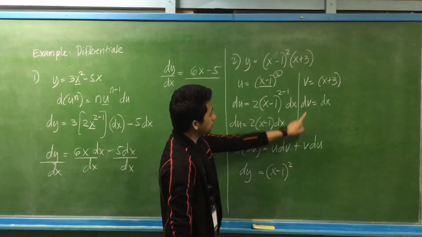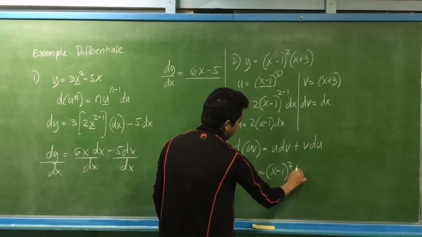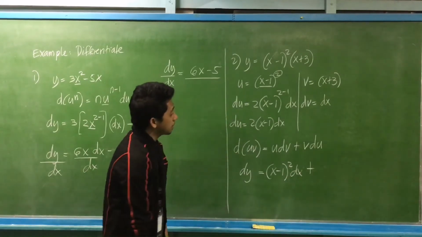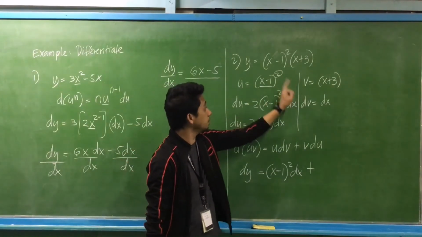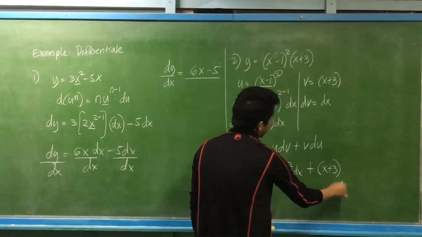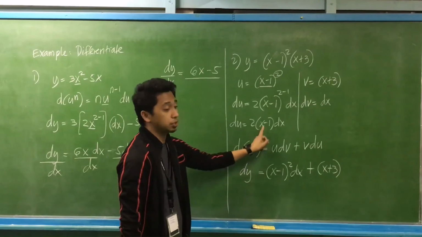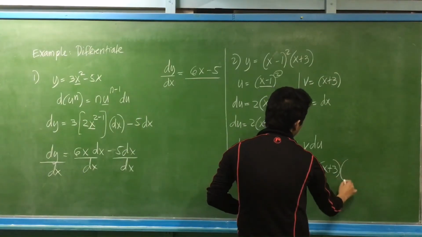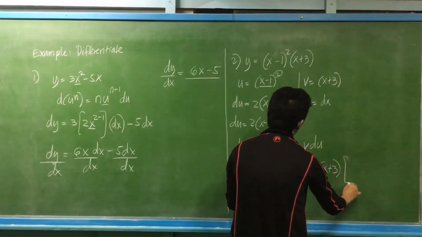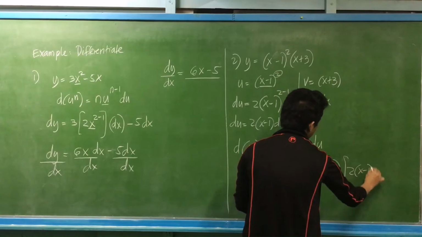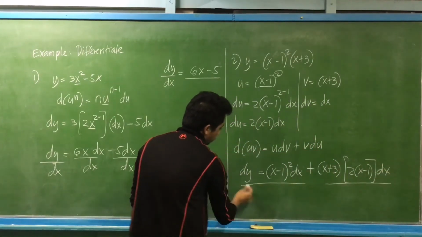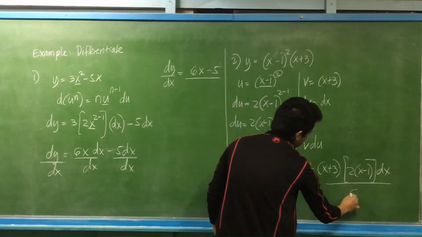Derivative of the second term, that is dv, we have dx. Then plus your second term, that is v, we have x plus 3. Then derivative of our first term, this is twice of x minus 1 dx. Then again, dividing all terms with dx.